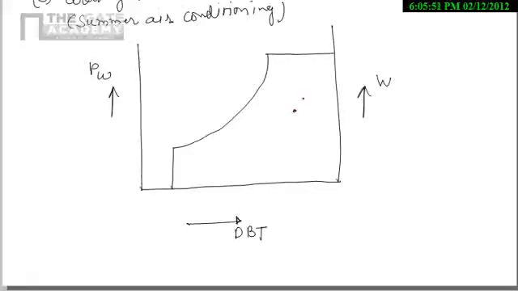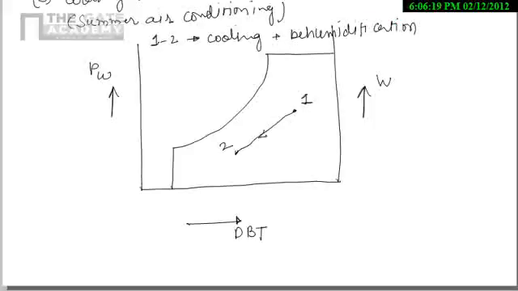So suppose we are here at point 1, and if we go like that, 1 to 2. In 1 to 2, the humidity is decreasing as well as the dry bulb temperature is decreasing. So 1 to 2, we can say that it's cooling plus dehumidification.